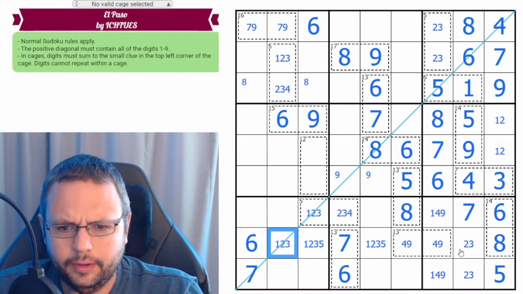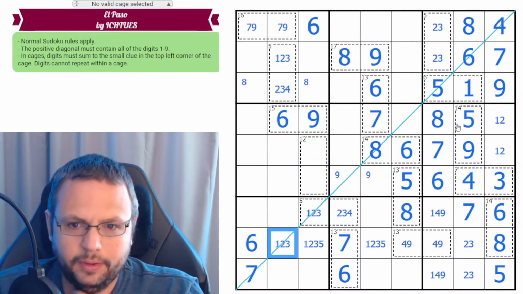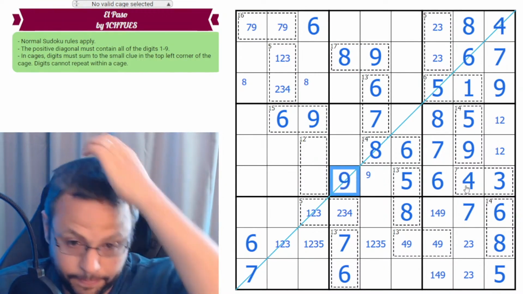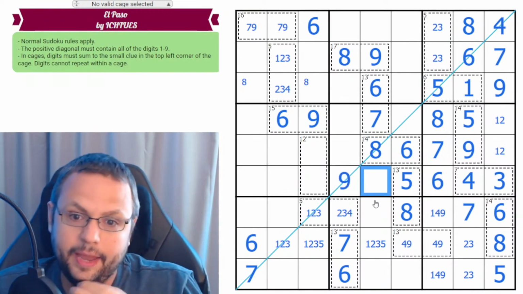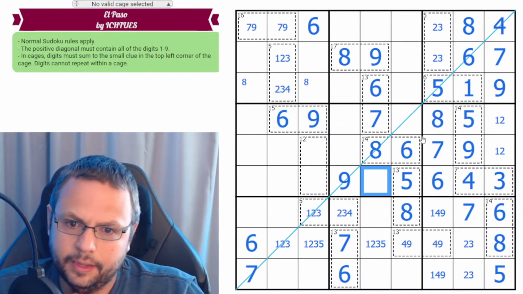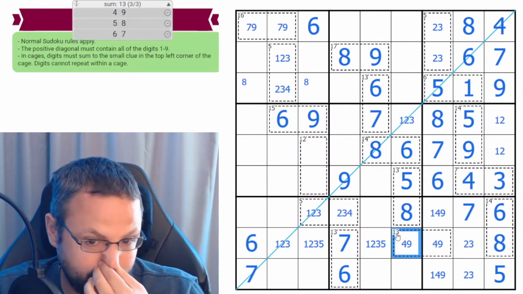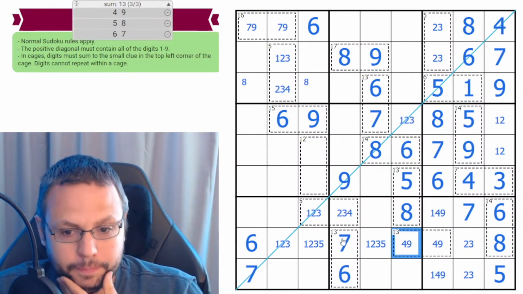Interesting. Now I need a 9 on the diagonal, and so now the 9 on the diagonal is placed here. So that is not a 9. This is the last of the 1, 2, 3 for the diagonal. I don't know which one it is, but it's one of them.